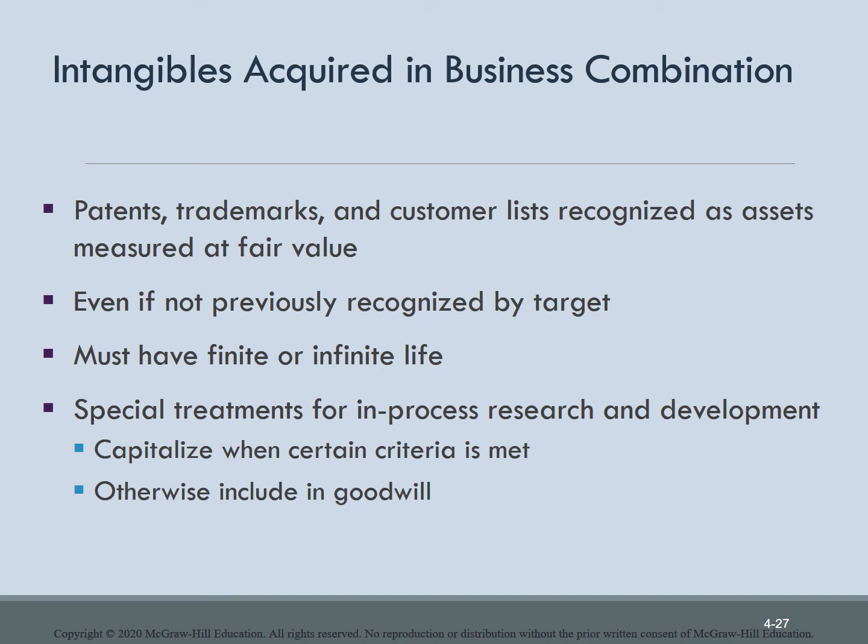Once again, you're going to have a finite or an indefinite life assigned to those assets, and we know that there is special treatment for in-process R&D. You're going to capitalize it when certain criteria are met.